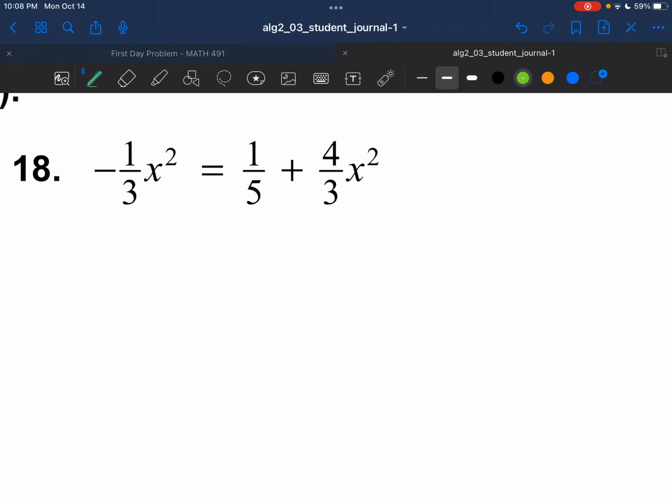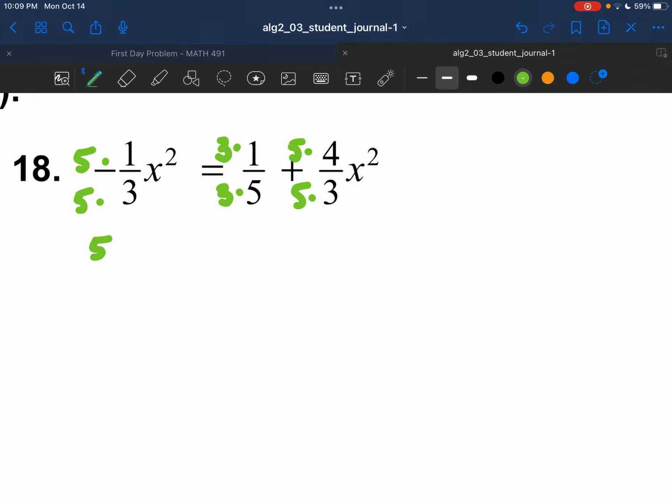Ooh, this one's fun. This one's fractions, but remember, fractions are not scary. Let's go ahead and make sure that these all have the same denominator here. So I'm going to multiply this first one by 5, and then I'm going to multiply this next one by 3 on both sides. I'm going to multiply by 5 once more.